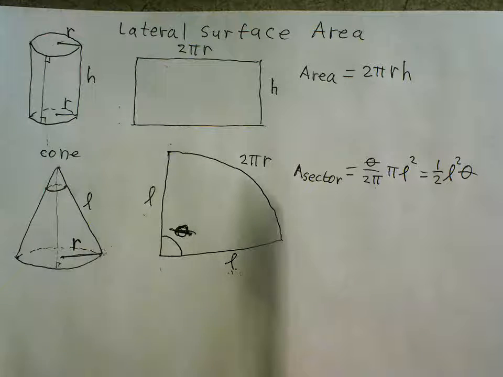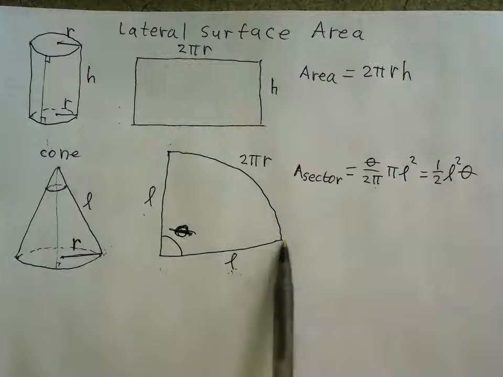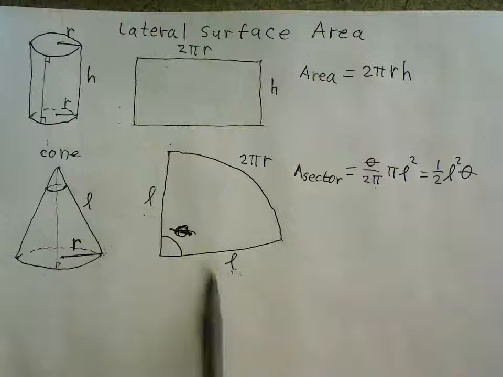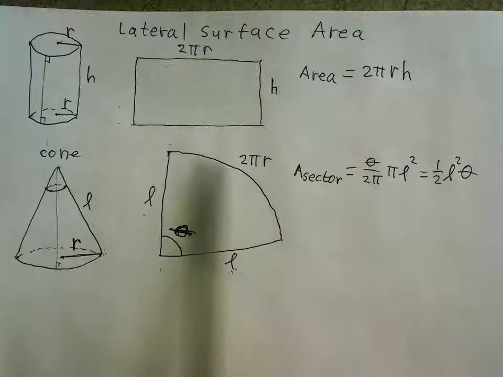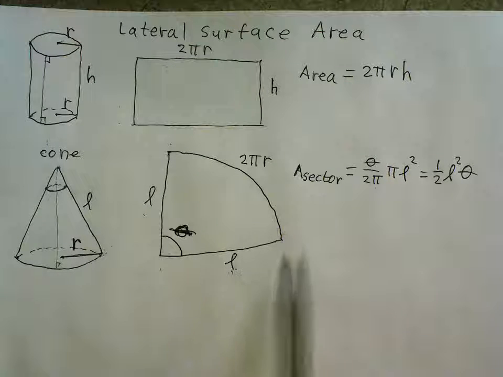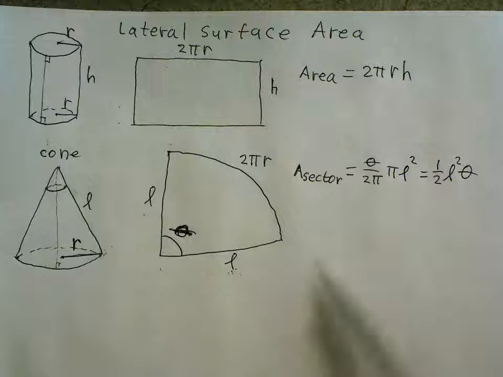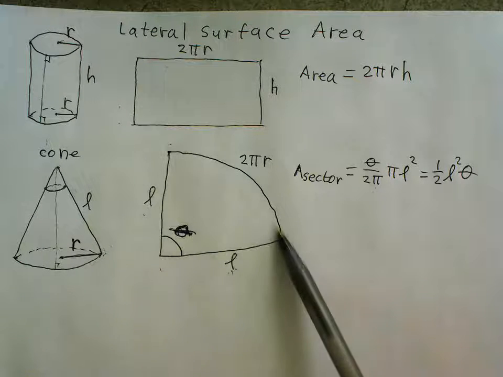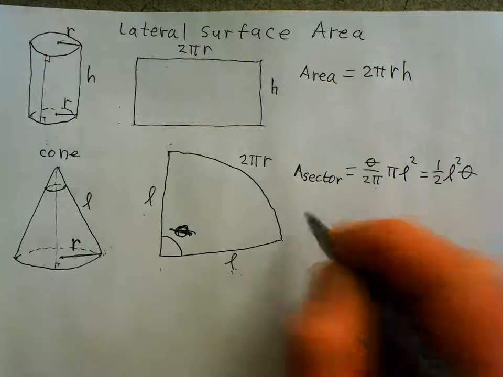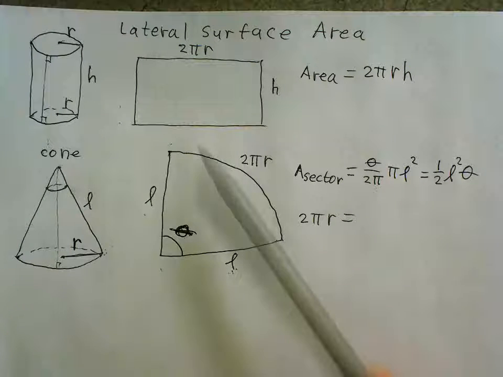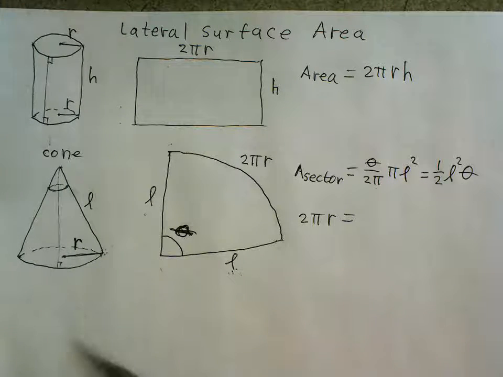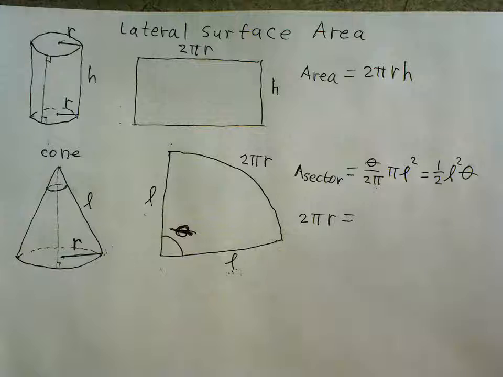This sector is just a fraction of a circle whose radius is L, and this arc length is just a fraction of the circumference of the entire circle. So this arc length, 2 pi r, is a fraction of the circumference of the circle whose radius is L. What fraction is it?